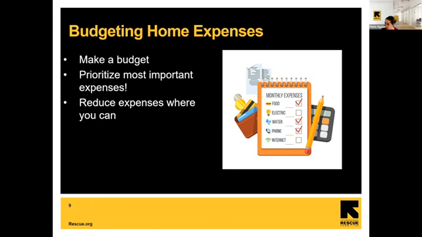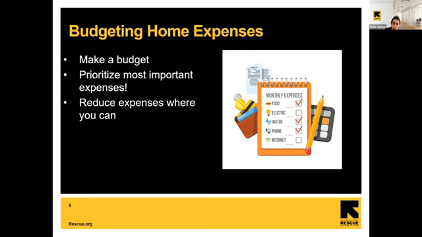And so by making a budget, it'll help you plan what income you're going to need to cover your expenses, and it also helps you decide on a price range, right? So when we're deciding on an apartment, if you look at your income first, it'll help you decide on a price range that would be doable for you and your family to afford.